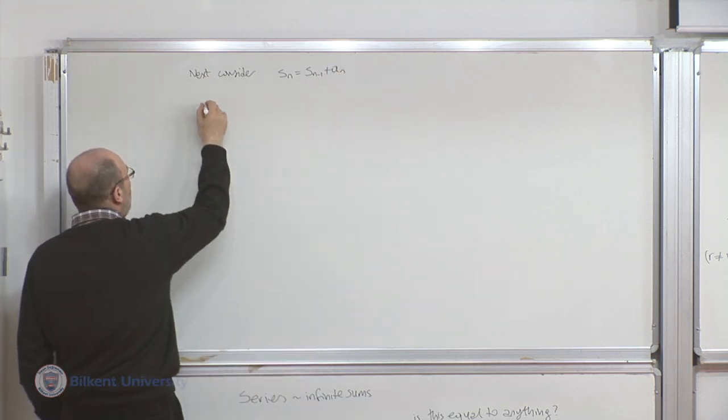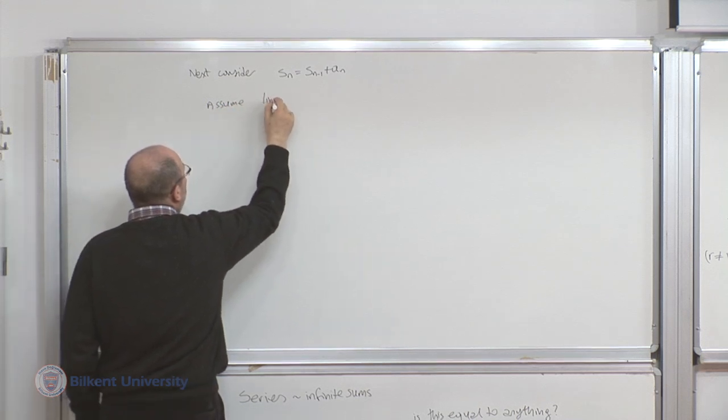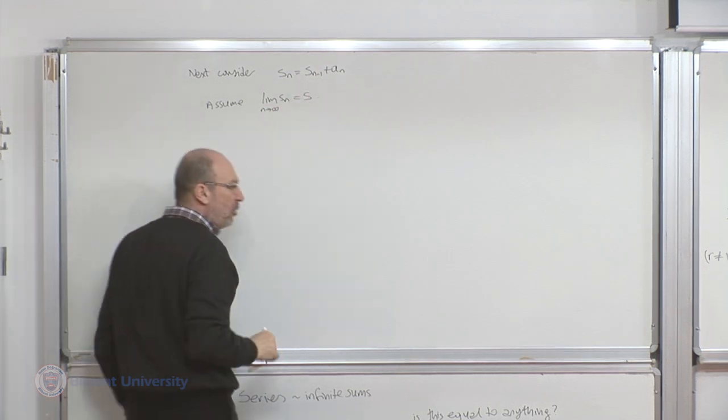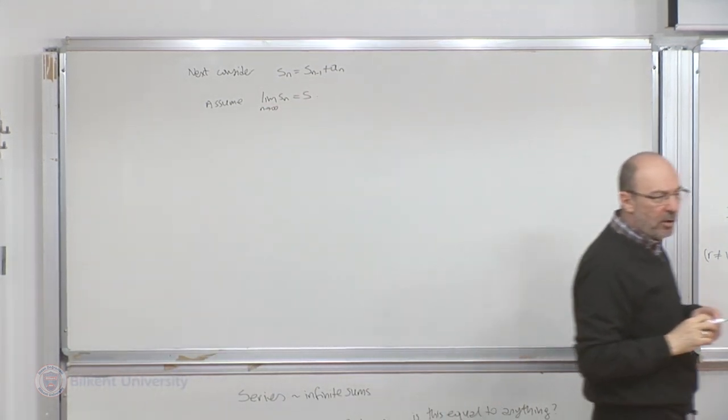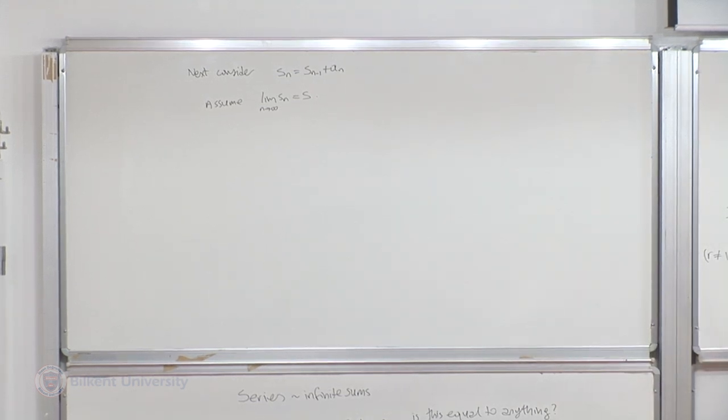Okay, so assume the limit of Sn as n goes to infinity exists and is equal to the real number s. Okay, so suppose we have a convergent infinite sum.